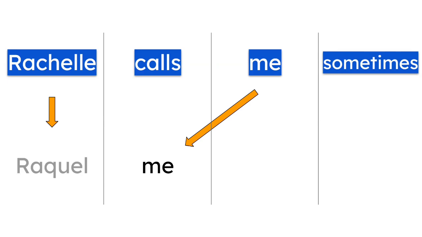So Raquel me, Raquel me, and then comes the verb llama. So the right way to say Rachel calls me is Raquel me llama. If you say Raquel llama me, I'm sorry, but that's wrong. No native speakers speak like that. We say Raquel me llama.